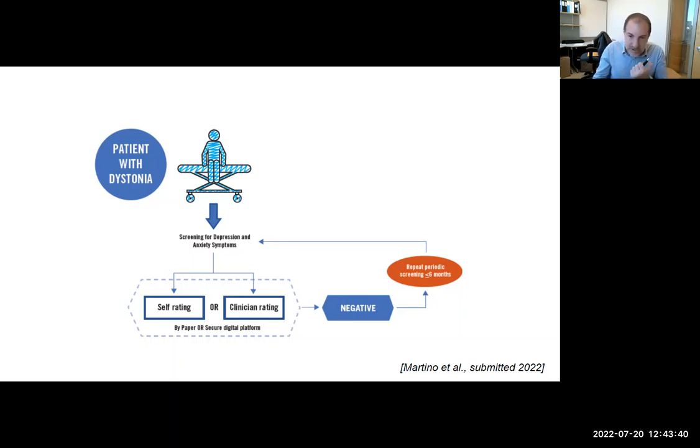In addition, nurses would have an important role in promoting patients' access to educational tools and to local support groups, and also plan encounters to follow up on treatment actions on depressive and anxiety symptoms that have been decided with the neurologist through phone calls or even in-person follow-up visits.